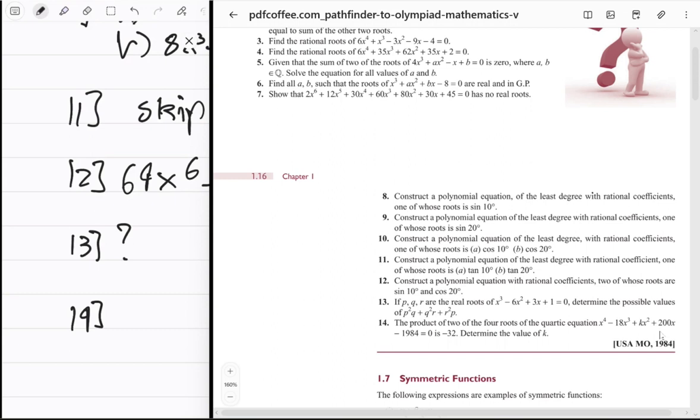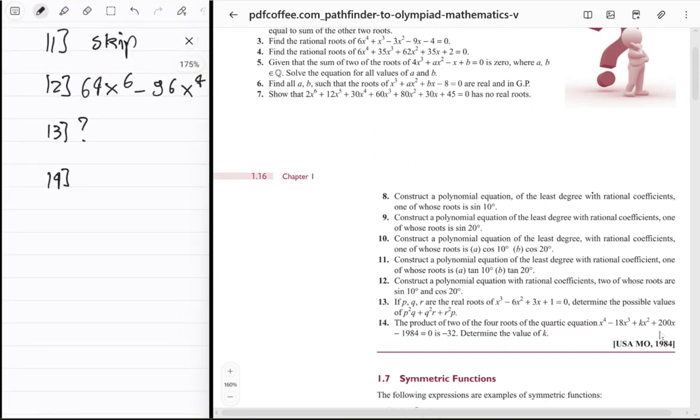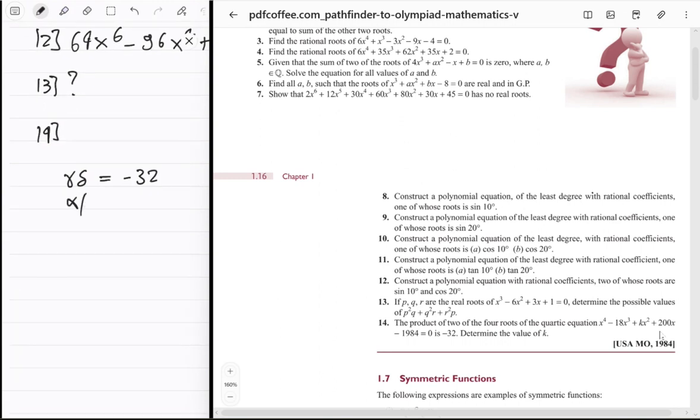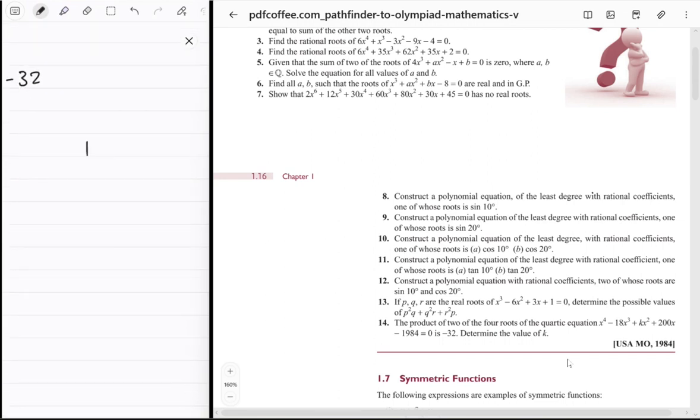Say those were gamma and delta. So gamma times delta is equal to negative 32. You can also figure out alpha beta through this. What is alpha beta gamma delta, the whole product? That would just be negative 1984. So that's going to be negative 1984 upon 32. Hopefully that's a nice value.